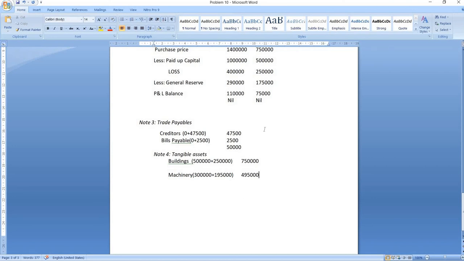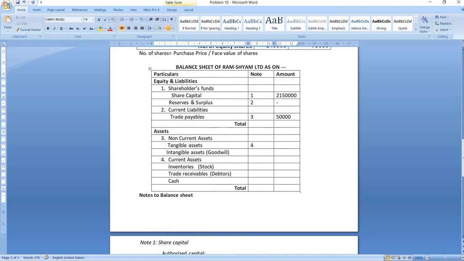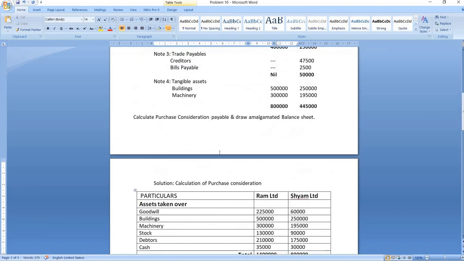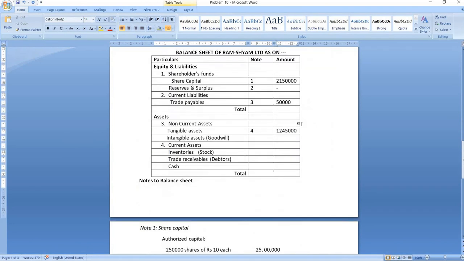So total of the assets will be 12,45,000. This will be shown here in the balance sheet, 12,45,000. Next is intangible assets, that is goodwill. So let us look at the goodwill that is given in the problem. 2,25,000 plus 60,000. So that will be 2,85,000.